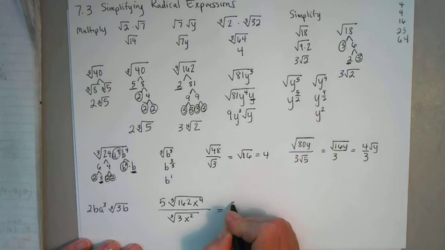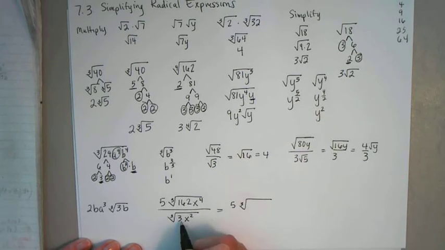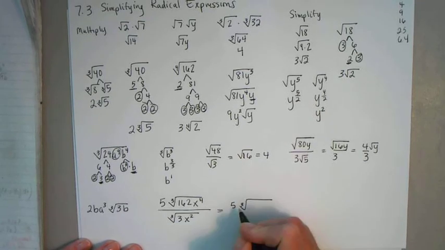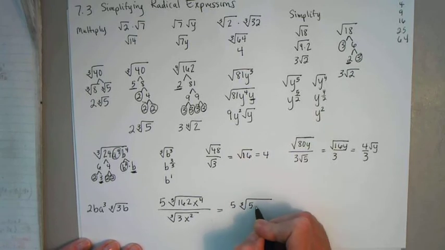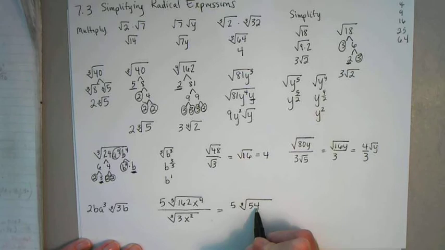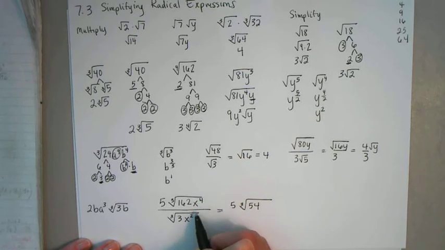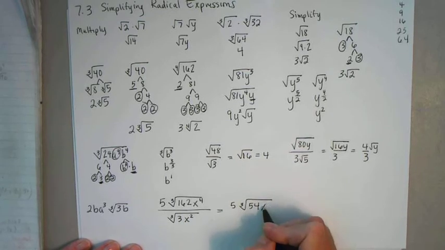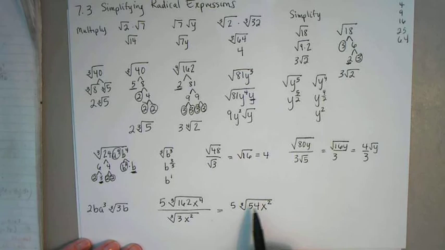So I'll just divide my denominator completely out. So 3 goes into 15 5 times, and then it goes into 12 4. So I get 54, right? 162 divided by 3, 54. X to the 4 divided by x squared, we know we subtract exponents, so I have x squared. Now, because this exponent is smaller than my root, it will be stuck in there. I can't simplify it any further.